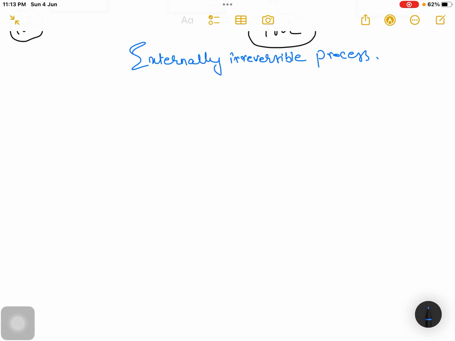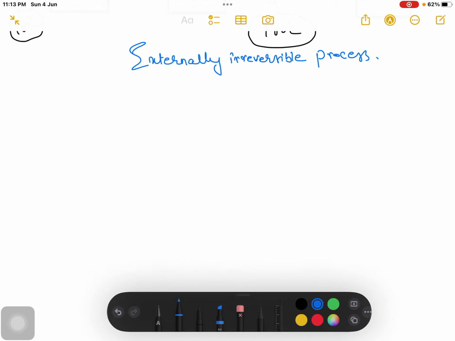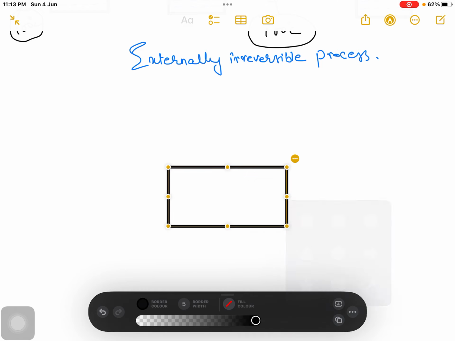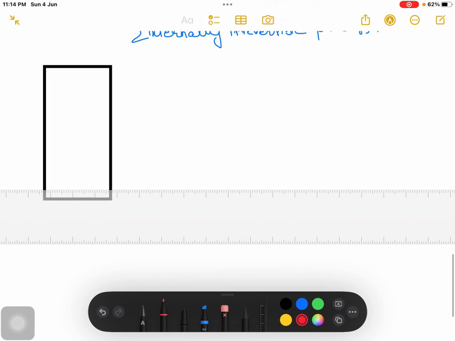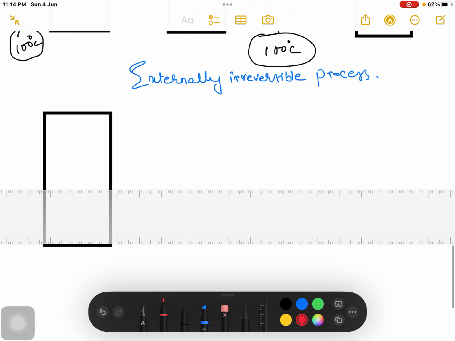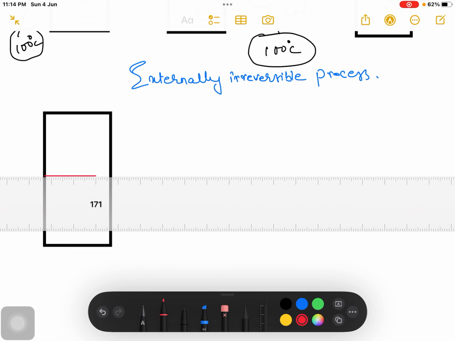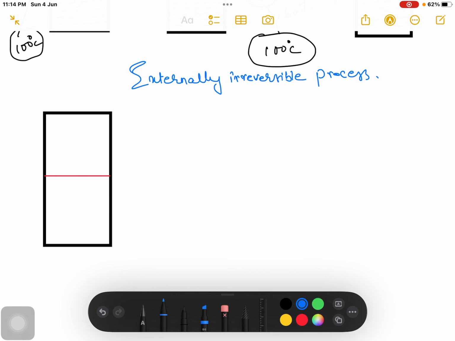Now again moving further, I am doing the same experiment. I am taking a container which is filled with a liquid and vapor. I want to convert this liquid into vapor at an equilibrium state.